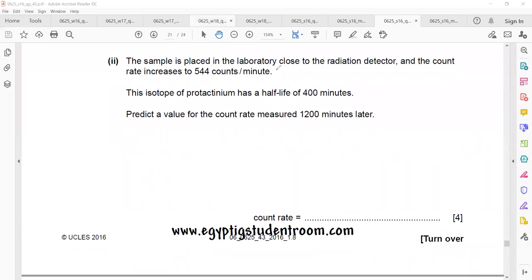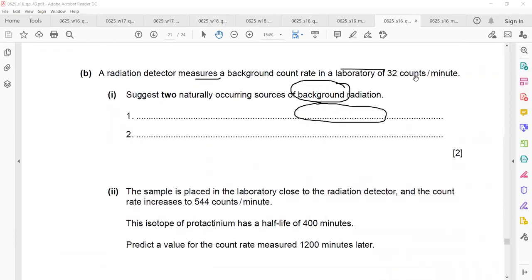The sample is placed in the lab close to a radiation detector. The counts are 544. The isotope of protactinium has a half-life of 400 minutes. Predict the value of the count rate measured at 1200 minutes. But you have to keep in mind, because this is a continuation of the question, that 32 are the background radiations.